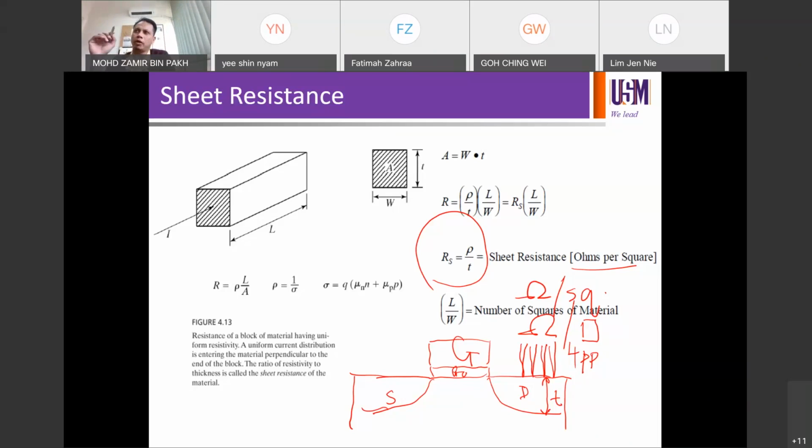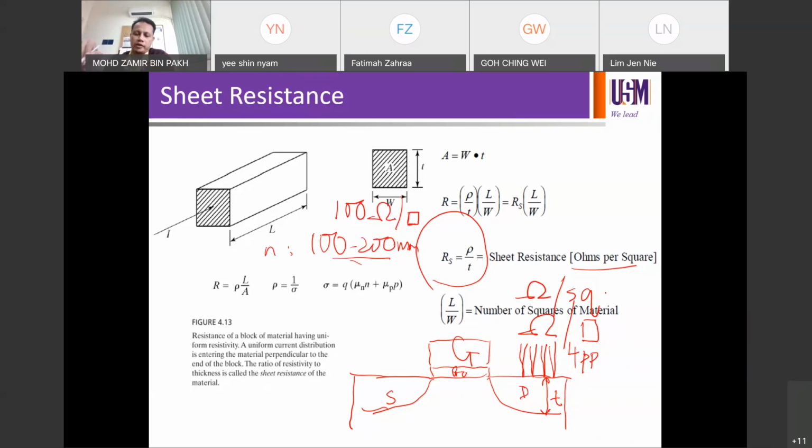When you diffuse an emitter on, for example, a P-type silicon wafer, then you diffuse your phosphorus, the typical thickness of the N-type layer is usually around 100 to 200 nanometers. So normally in the industry, they are targeting somewhere around 100 ohm per square, more or less, of the N-type diffused emitter in a silicon solar cell.